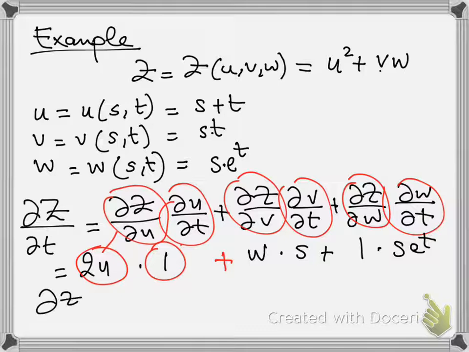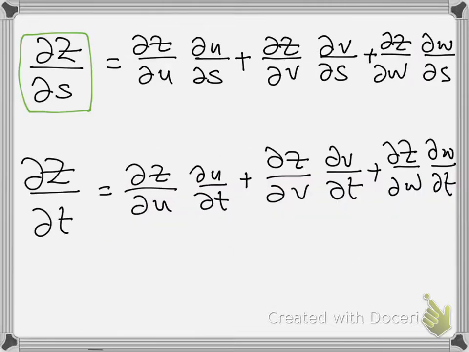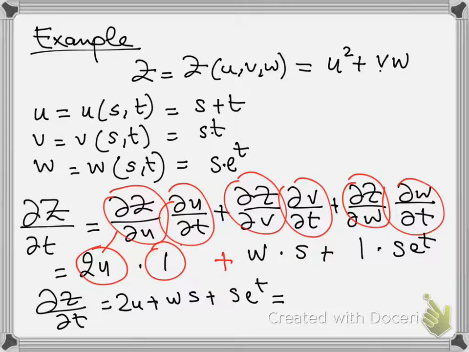So then partial z, partial t would be equal to 2u plus w times s plus s e to the t. Now 2 times u, what's u? U is s plus t, right? U is s plus t, so we can substitute here. So that's 2 times s plus t plus w. So w is s e to the t, so s e to the t times s, right?